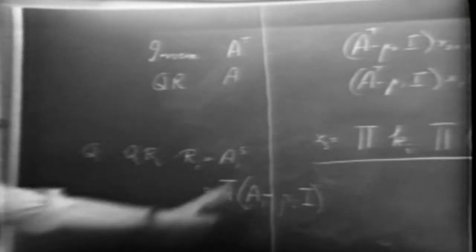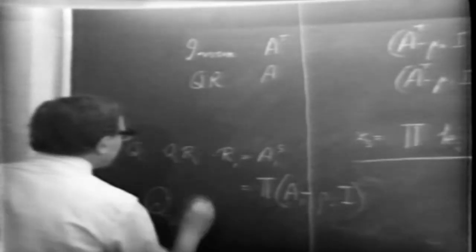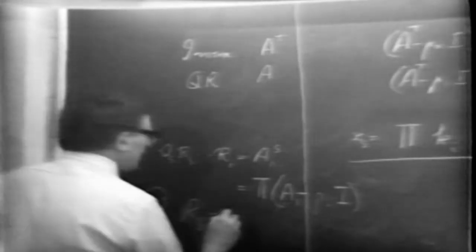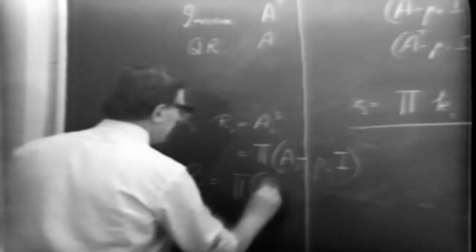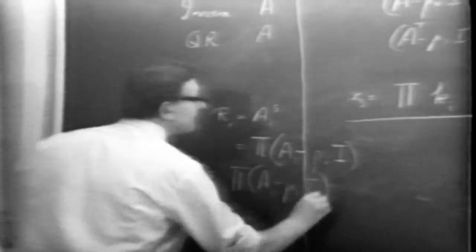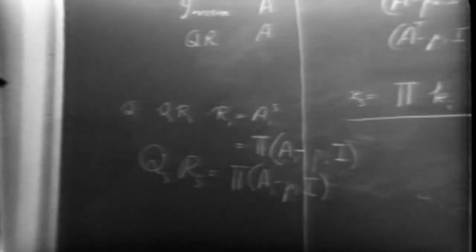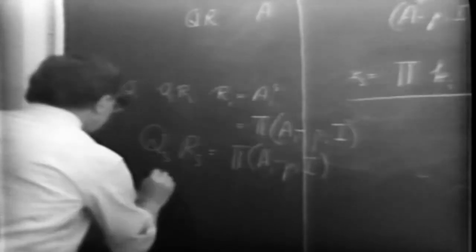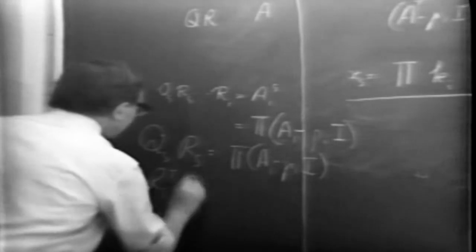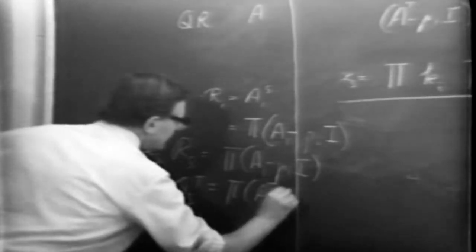Now I'm going to try and establish a relationship between these, and I find that writing this big QS, big RS equals the product of (A1 minus pi I), to the minus 1. No minus 1 in it yet. So let's say this is RST, QST equals the product of (A1T minus pi I).